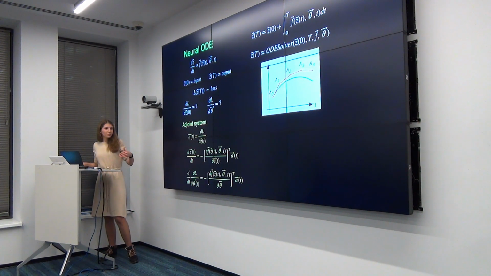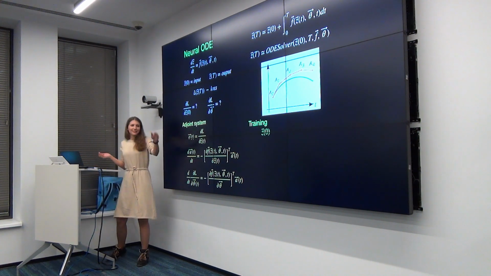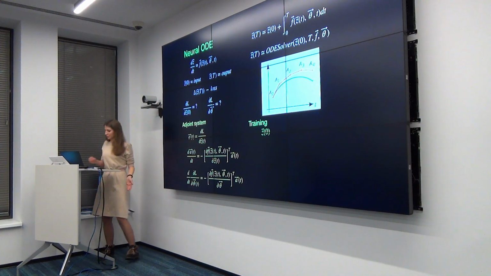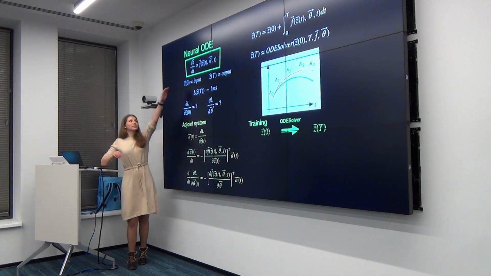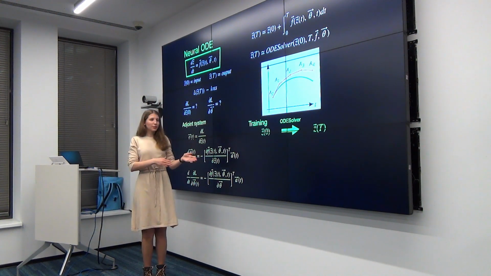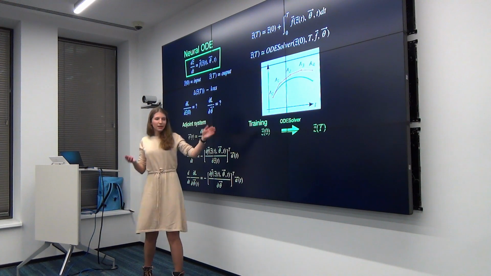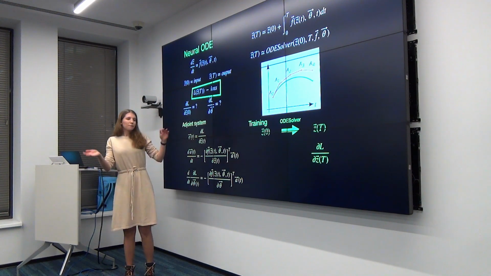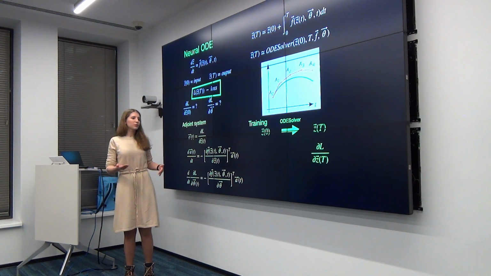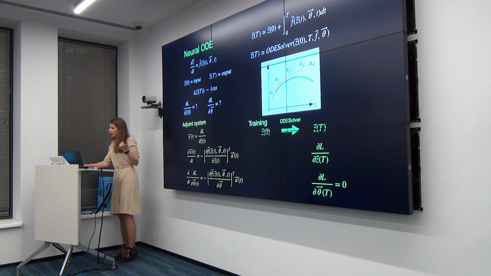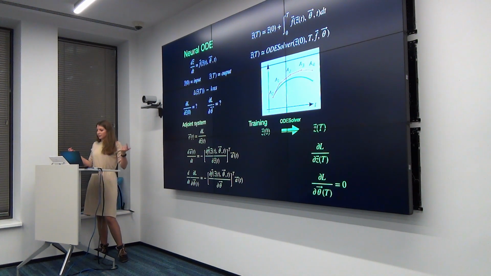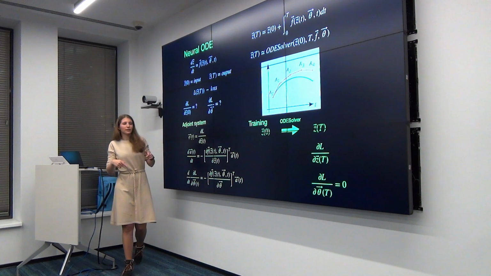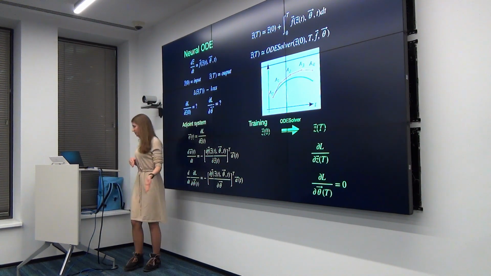And how can it help us to train our model? First of all, we have Z at point 0, our input. We use this differential equation and an ODE solver to get Z at time capital T. Then we can compute the gradient of the loss with respect to the output of our neural ODE. Also, we know the gradient of the loss with respect to parameters theta at time capital T is always 0.